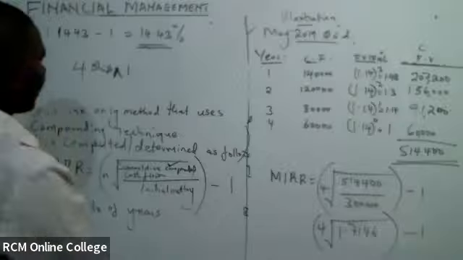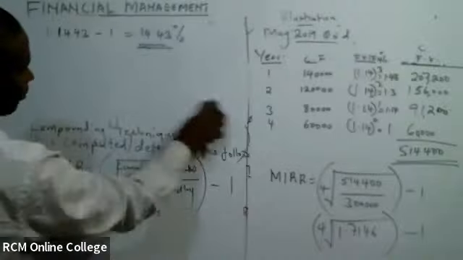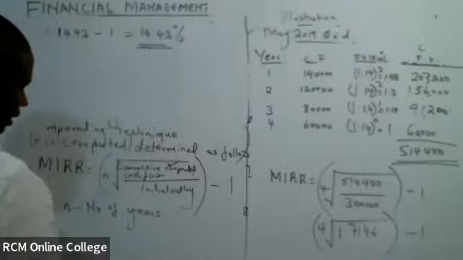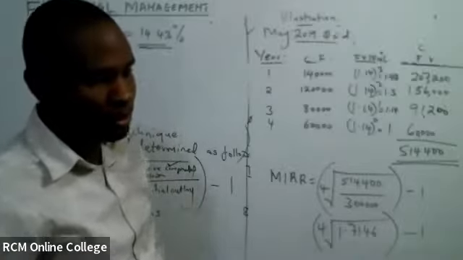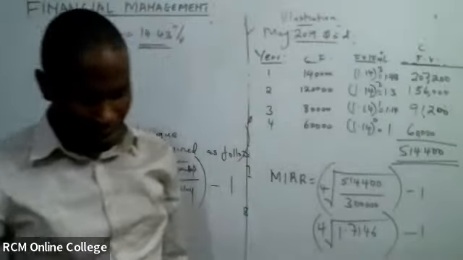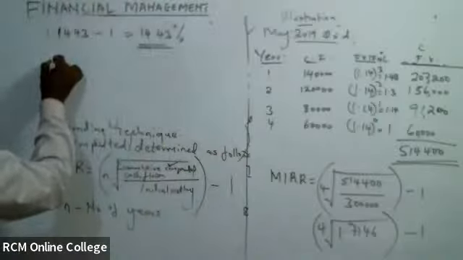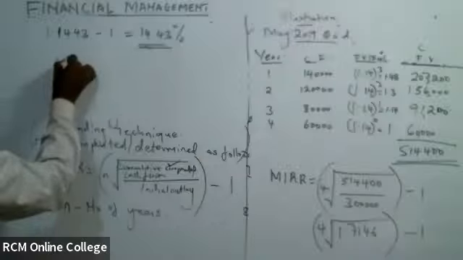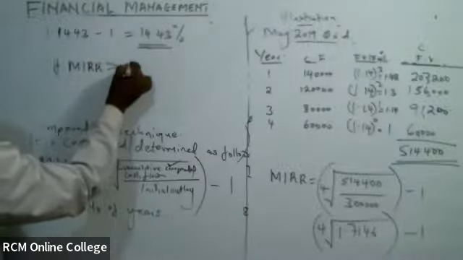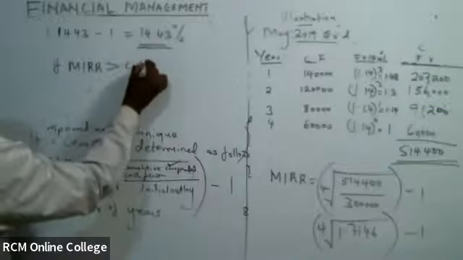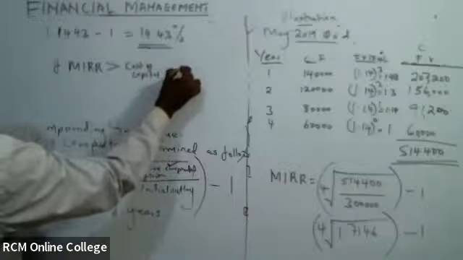So our MIRR is 14.43, and in that case the interpretation is that when the MIRR is greater than the cost of capital, you accept the project. Decision rule: if MIRR is greater than the cost of capital, accept.